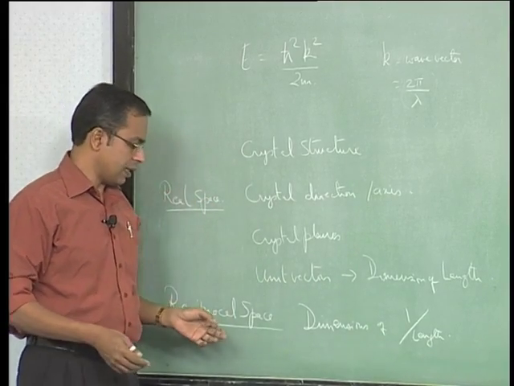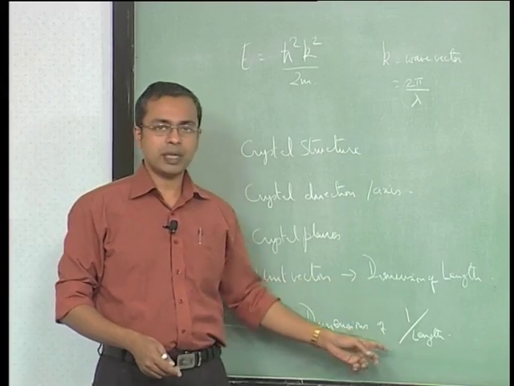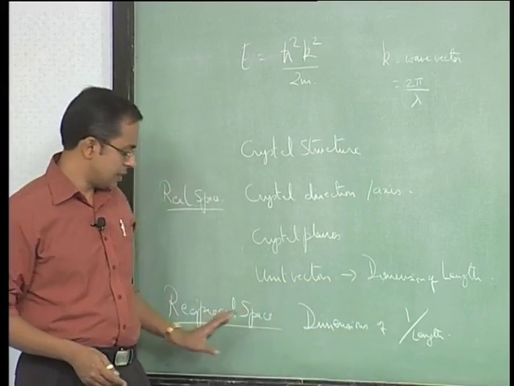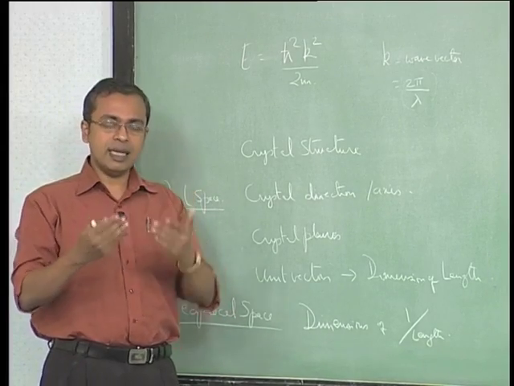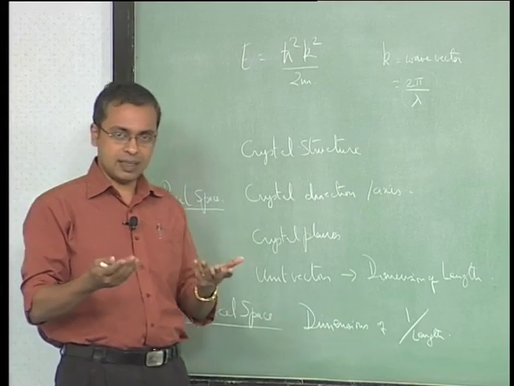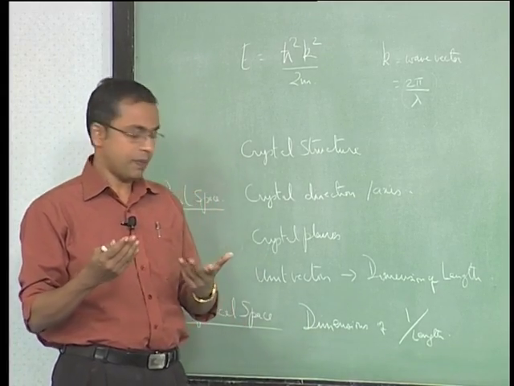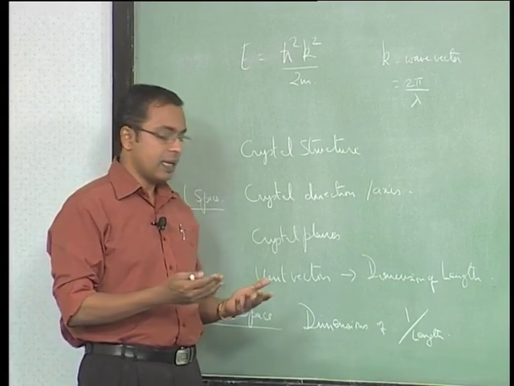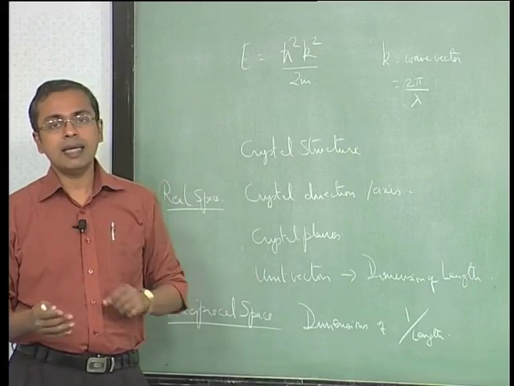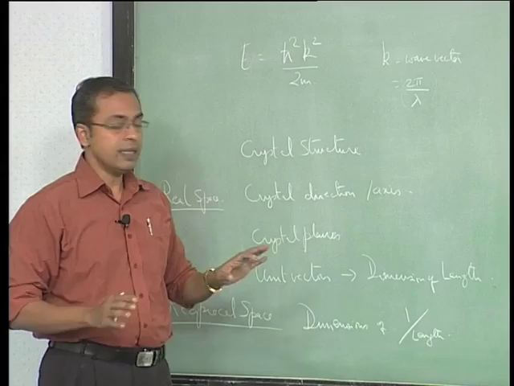It turns out that much of the information you can represent in 1 by length in this reciprocal space conveys certain details of how interactions occur between a crystal structure and waves that are present much more elegantly than is done in real space.